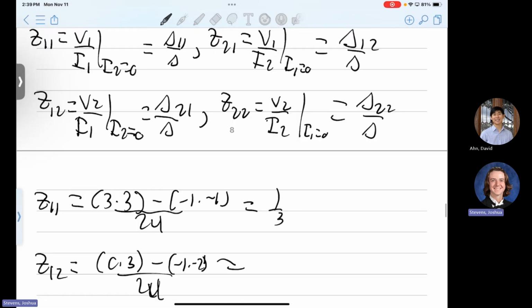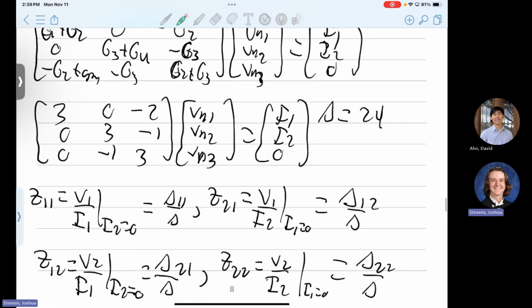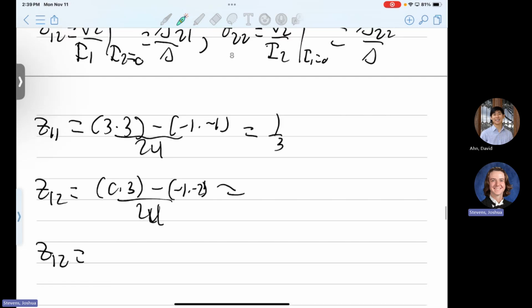So since I'm looking for Z 1, 2, I want to use delta 2, 1, which is the second row, first column, 0 times 3, -1 times -2, which gives me not 0. That will then give me 2 over 24, which equals 1 over 12. I don't know why that took me so long, but sorry. 1 over 12. Okay, cool.